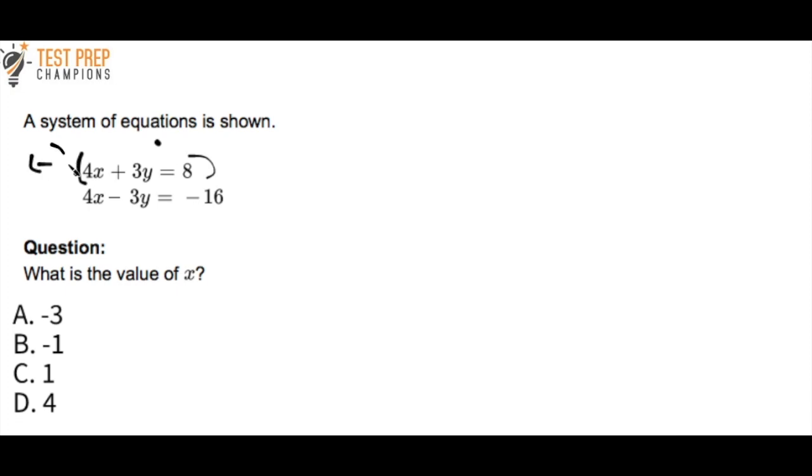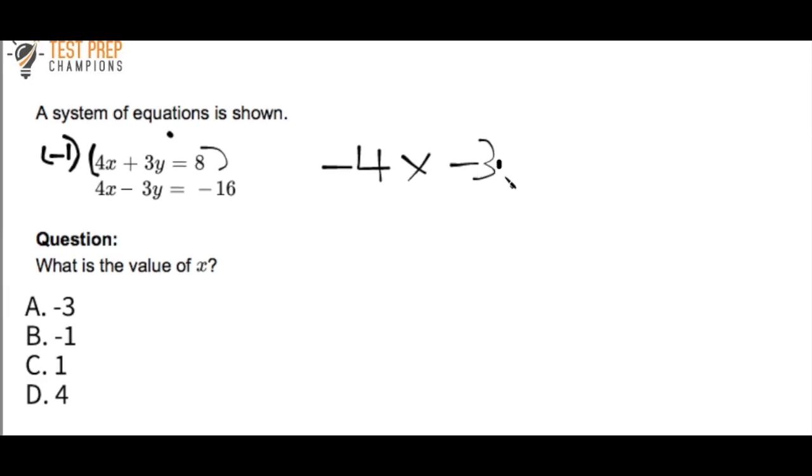Now watch what's going to happen. If I multiply this by negative 1, I would have minus 4x, and it won't be plus anymore, it's going to be minus 3y equals negative 8.